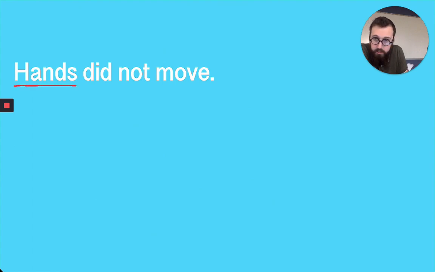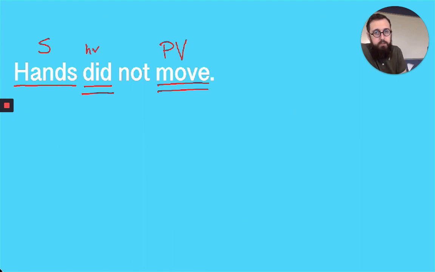So I'm going to underline it, capital S. Move is my predicate, or did move is what happened. Hands did move. And since move is a verb, I'm going to put a predicate PV over the top. And then did is one of my 23 helping verbs.